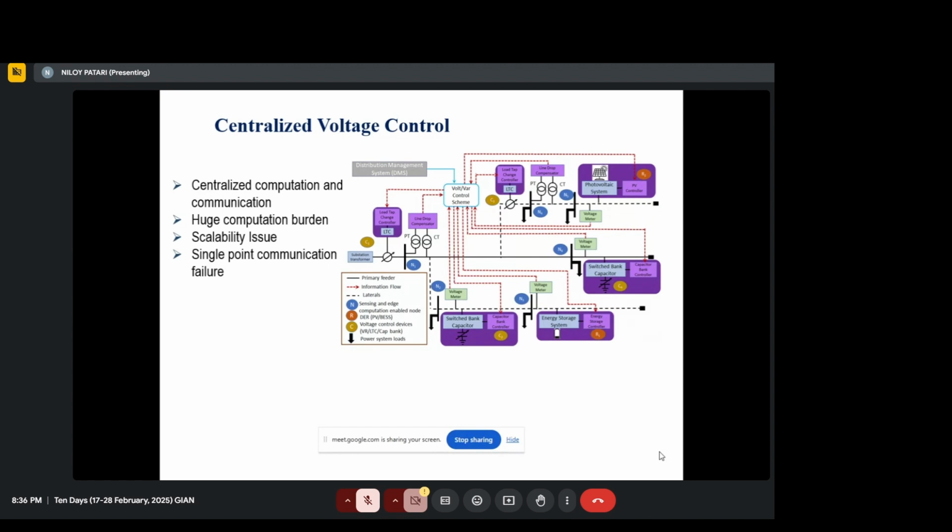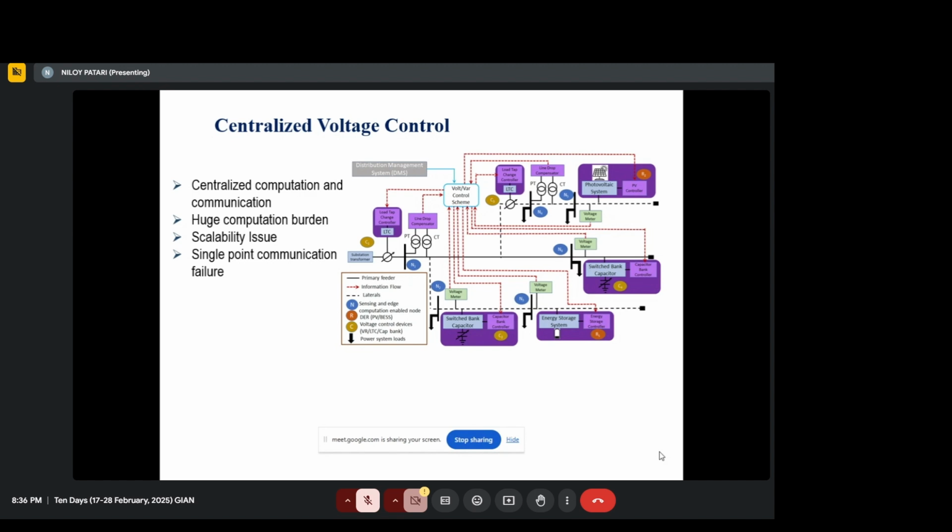All of these agents will have these voltage meters, right? I've shown voltage meters, but it can be power meters as well. All of these meters will send information back to the volt-var control scheme, which will then solve an optimization problem, and then it will send the set points back to each of the agents.